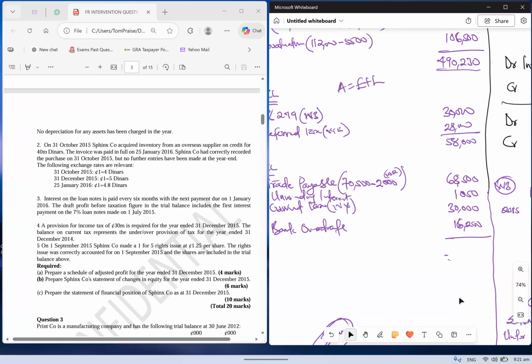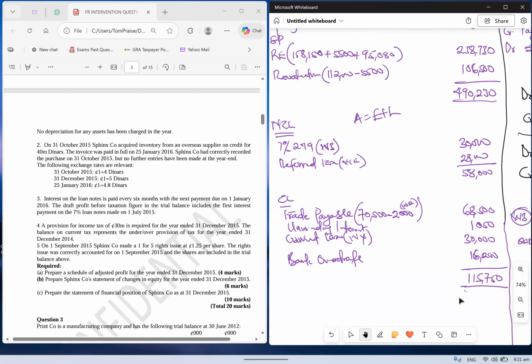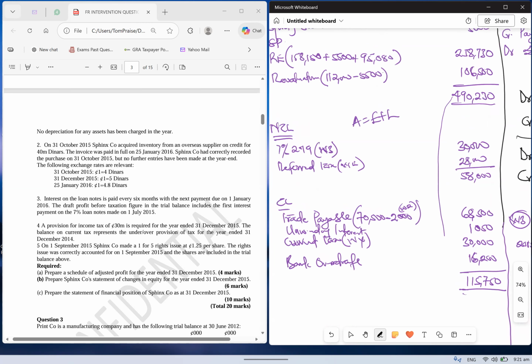115,750. So add the equity. Where's the equity? This is the equity. So add your equity to this one. Did you add this 58? 58 is also part of the liability.